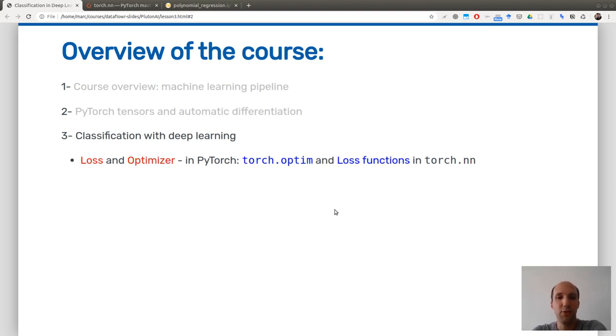So we are able to compute automatically gradients with respect to the parameters of the model. So now we'll see a next crucial building block for deep learning, which are namely losses. So how do you choose a loss? And optimizer. How do you choose an optimizer to update your weight?